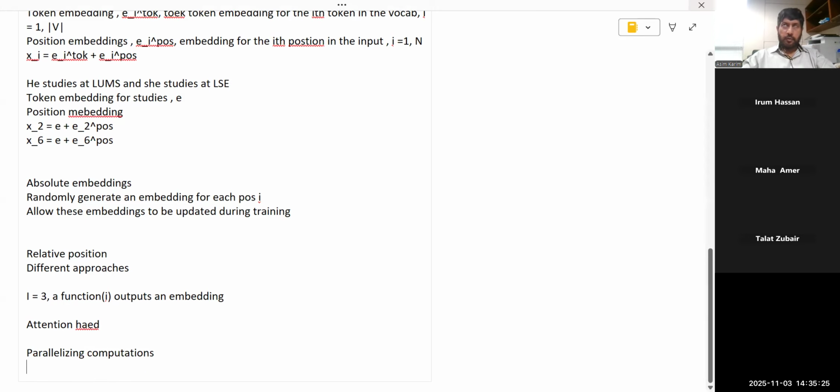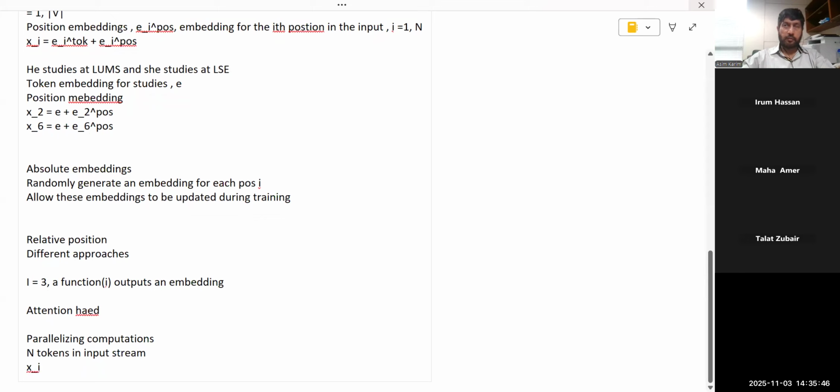Okay. So as we said, we have capital N tokens in the input stream. So that's the size of the input block of a transformer. Okay, the input tokens. So far we said that we were processing one token at a time. So we wrote the equations for xi, small xi. Okay, and this small xi is the ith token in the stream.